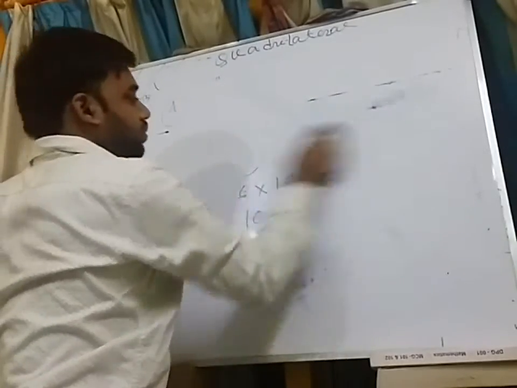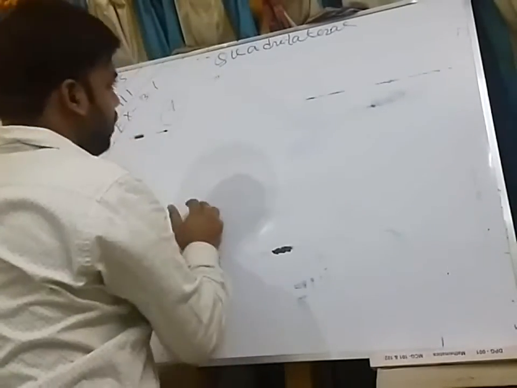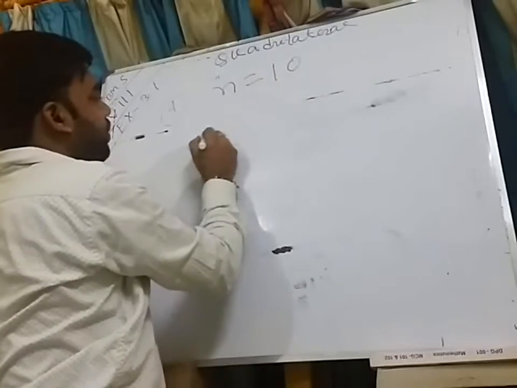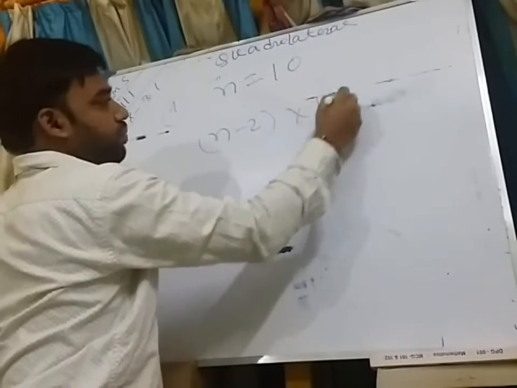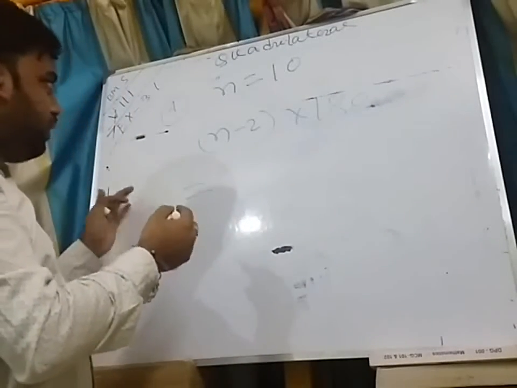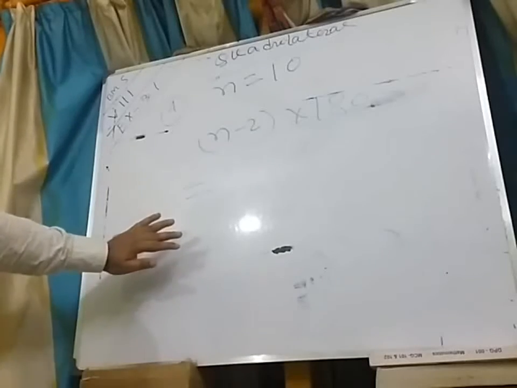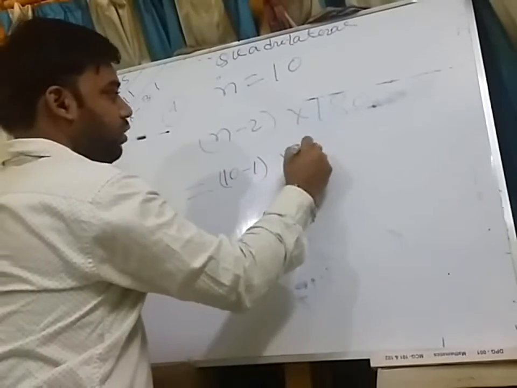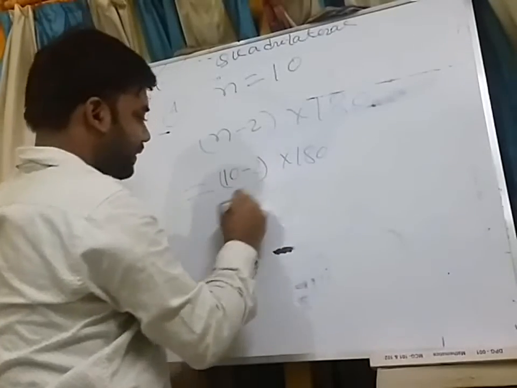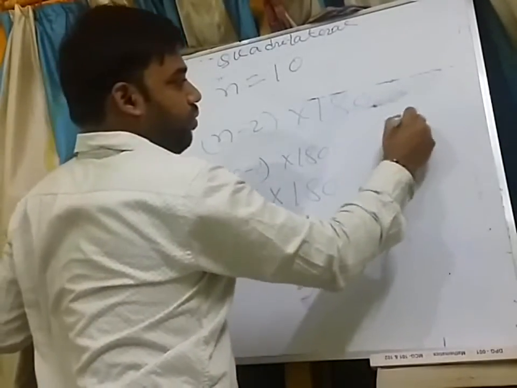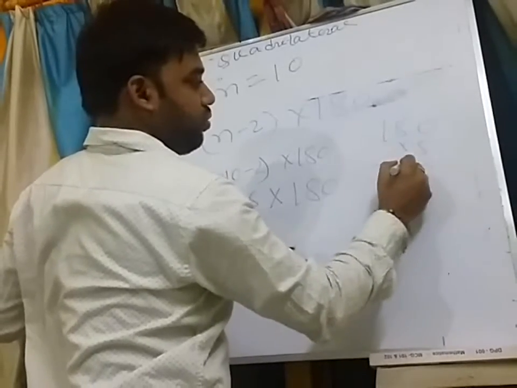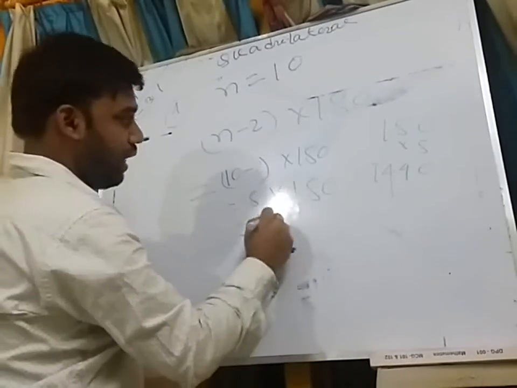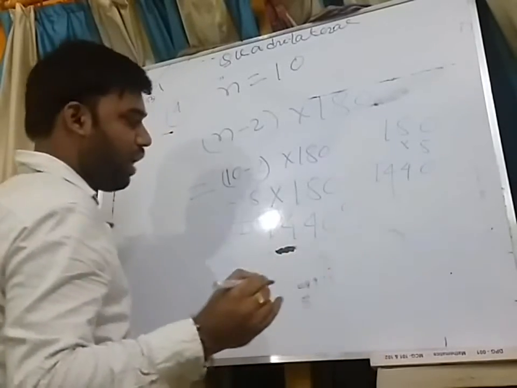And last, if n equals 10, the sum of the interior angles is (n minus 2) into 180, that is 10 minus 2, which is 8, so 8 into 180, that is 1440 degrees.